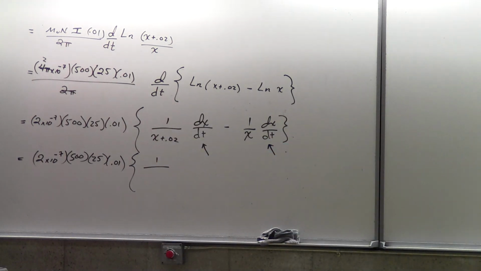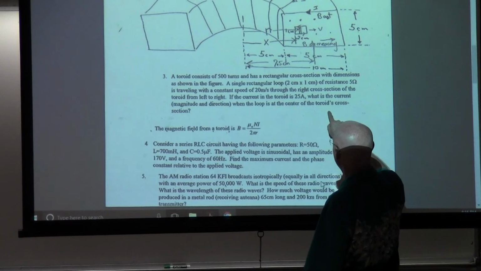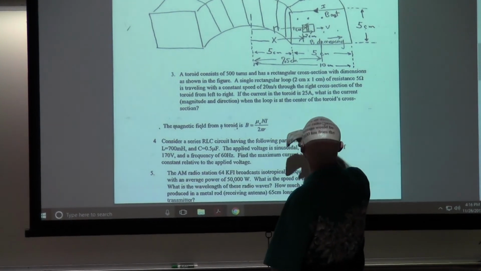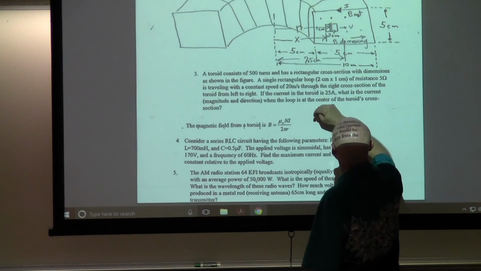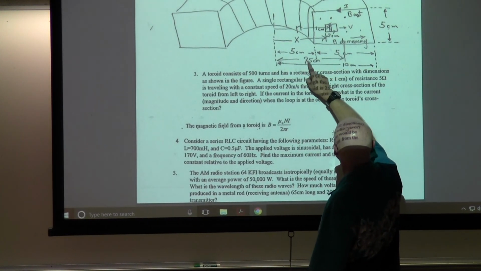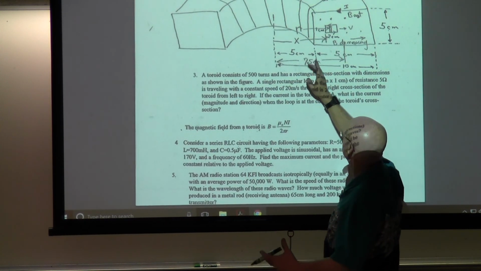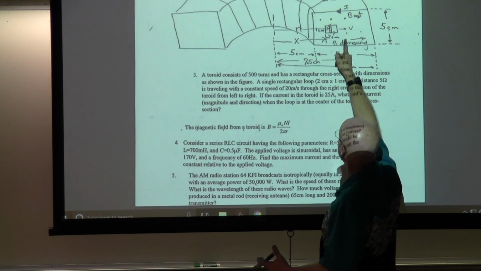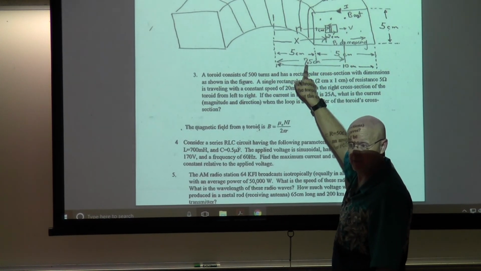And they gave me a specific position, didn't they? They said, what is the current when the loop is at the center of the toroid's cross section? All right. So the center would be at 7.5. And so going back 1 centimeter would make x equals 6.5.